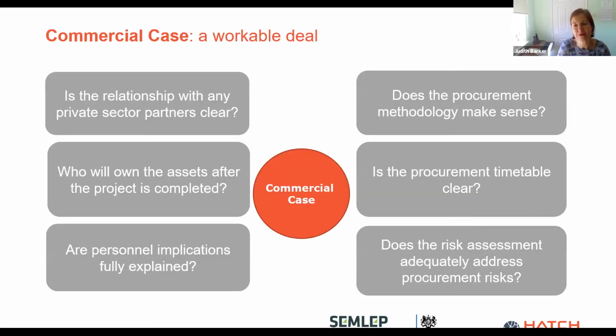Okay, so the three deliverability cases. I'll go through these if that's okay. So the commercial case, which is really about procurement primarily, will be very, very different in a revenue project as against a capital project. So I think we need to be very clear on that.